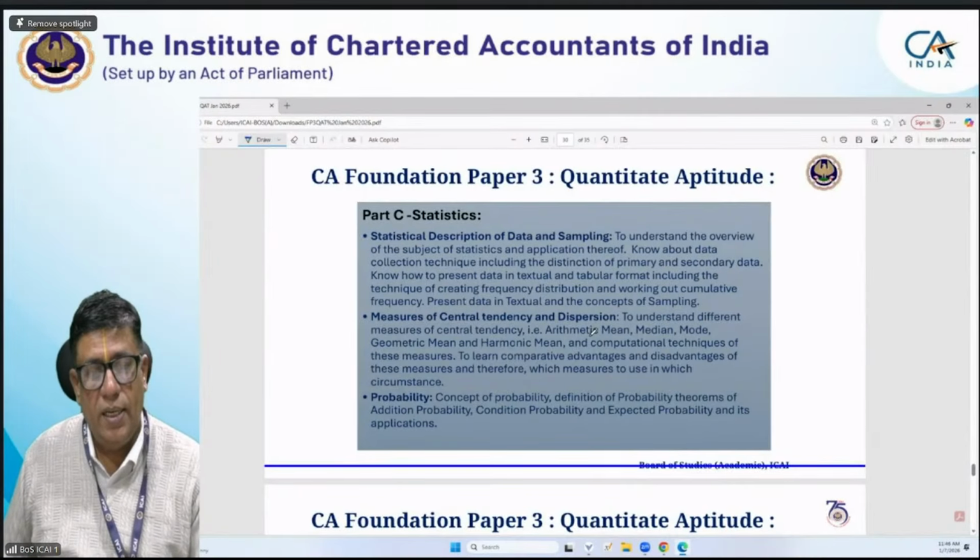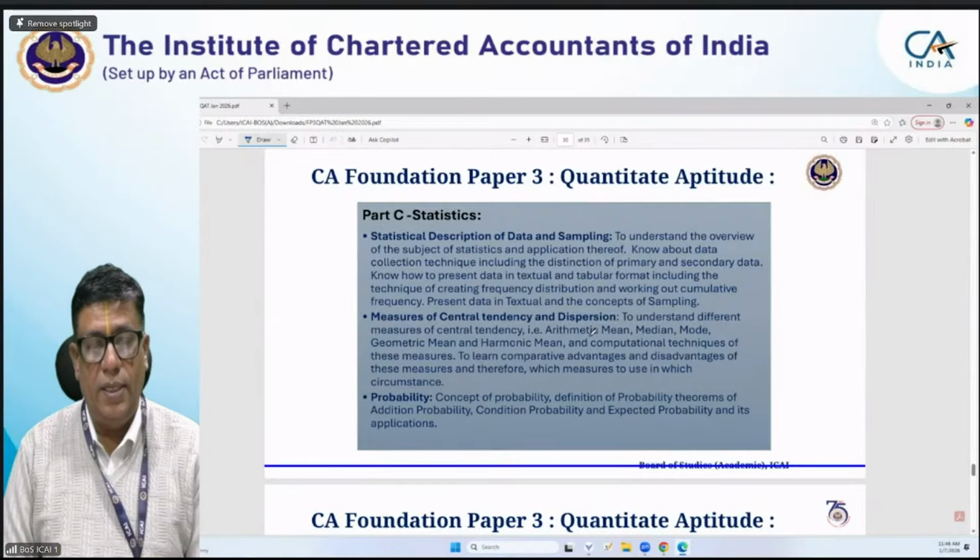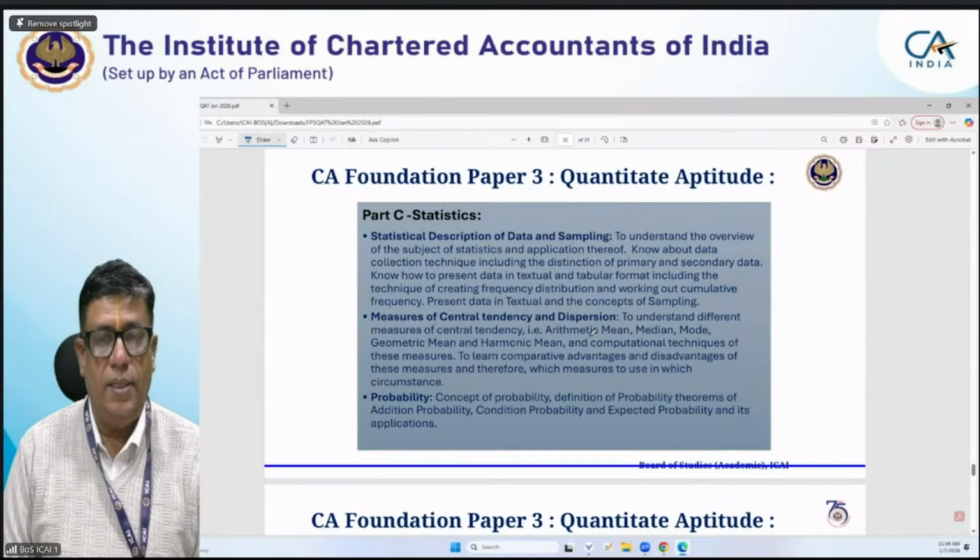Then, coming to the chapters for the statistics part, like statistical description of data and sampling.